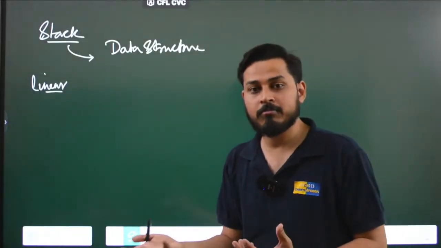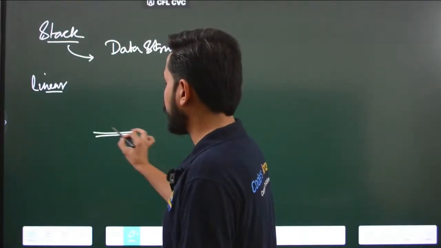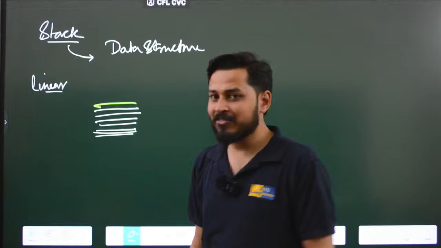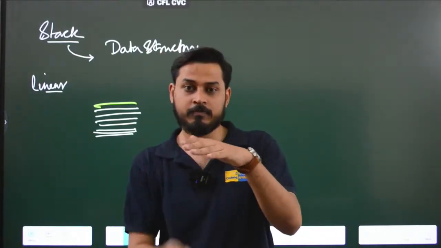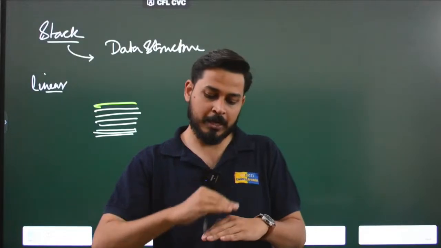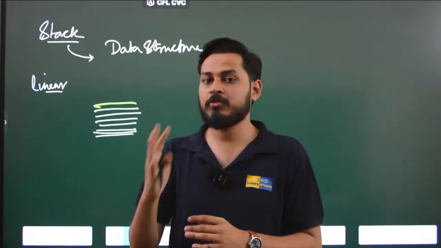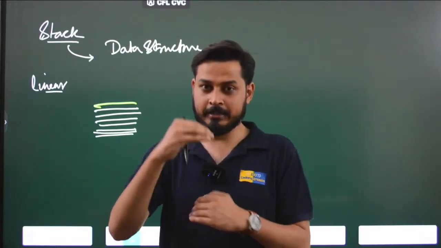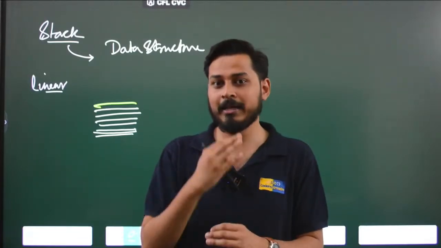The name comes from stack, which means one on top of another, like this. You might have seen it, right? We say a stack of books. Basically when books are placed one on another, that is called a stack. In the kitchen we put plates on each other like that, which is called a stack of plates.